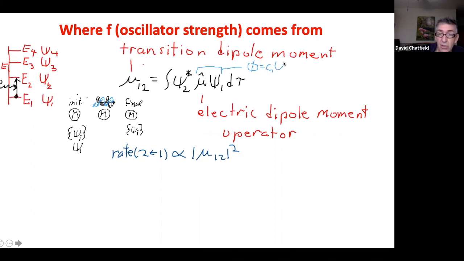In this case, those are only states 1 and 2. States 3 and 4 are not accessible because they are not the right energy for absorbing radiation of frequency nu. So that's what we have.